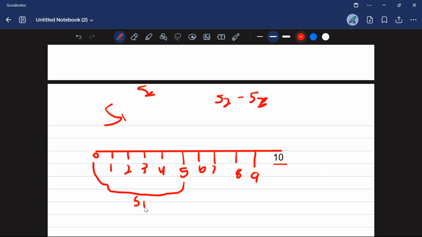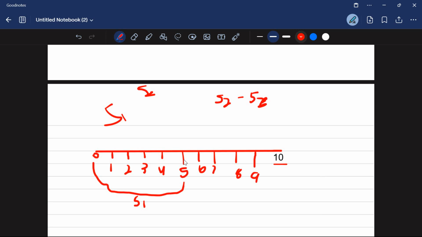What are the possible values of S1 if it is less? It can be 1, right? So S2 can be 6 also. S1 can be 2, S2 can be 7. S1 can be 3, S2 can be 8. S1 can be 4, S2 can be 9.